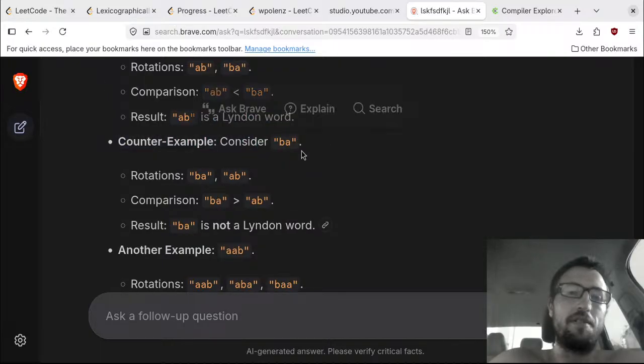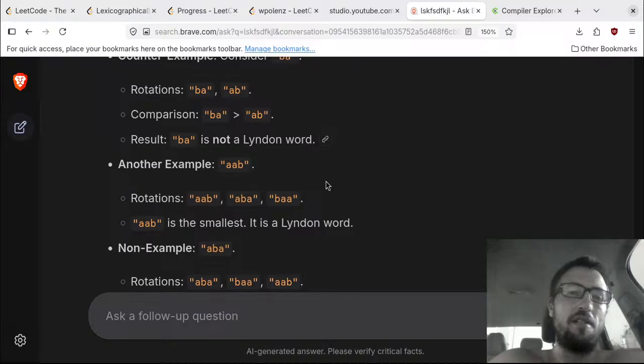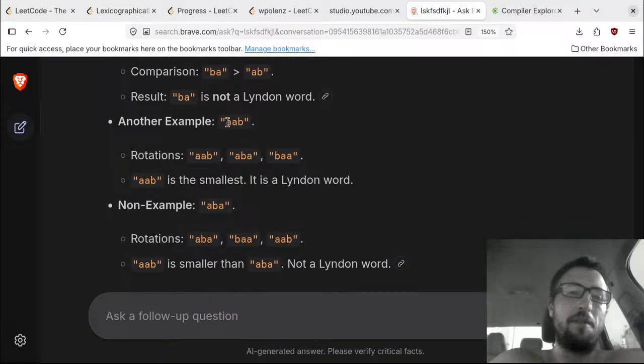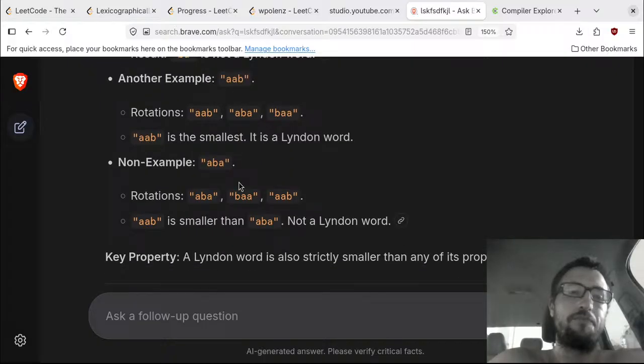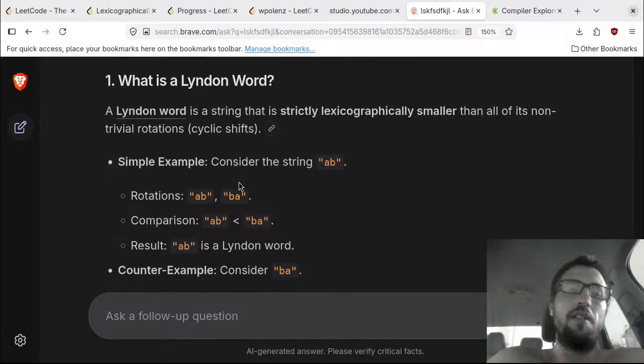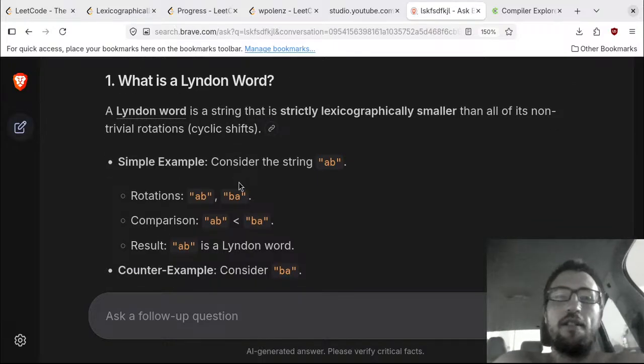Counterexample, BA is not a Lyndon word. Another example, AAB, rotations AAB, ABA, BAA. AAB is the smallest, it is a Lyndon word.